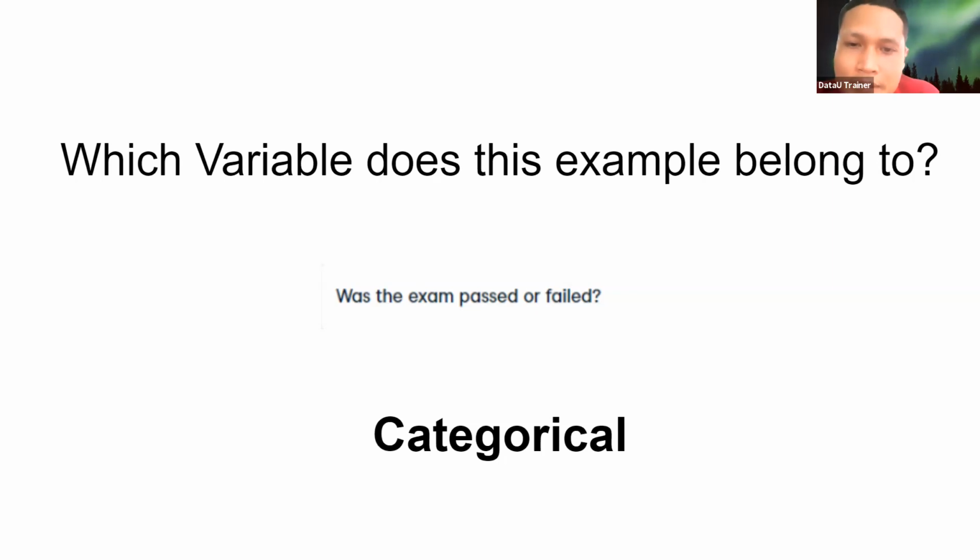Okay, so it's categorical because the actual data is going to be text. So meaning, for example, if you're in Excel and the value of it says passed, it doesn't say 10, it doesn't say 5, it says passed, so it's a text value. And because of that, you can't say it's continuous.